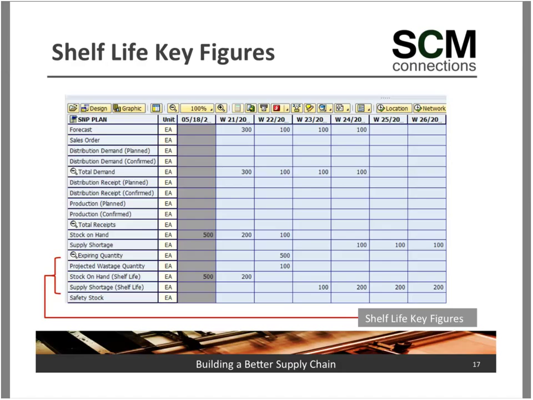So in this example, I've got this 500 as inventory, and that inventory is expiring right away in this week. This is based on the batch that is brought over from ECC with that specific expiration date. So again, the expiring quantity could refer to inventory or any kind of supply.